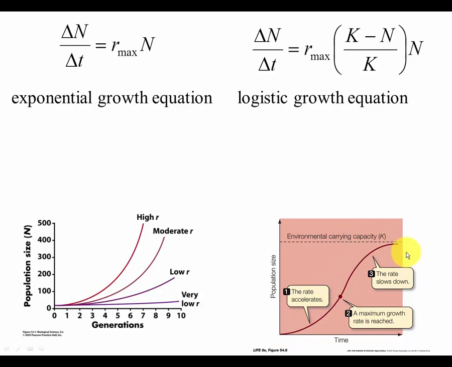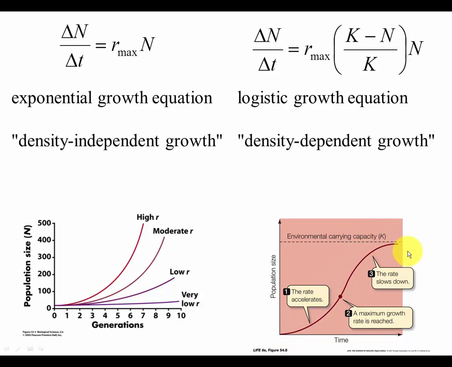You'll sometimes see these equations go by slightly different names. This is called the density-independent growth equation. One name for the variable N is population size, as I've told you, but it's also sometimes referred to as population density, the number of individuals per unit area.